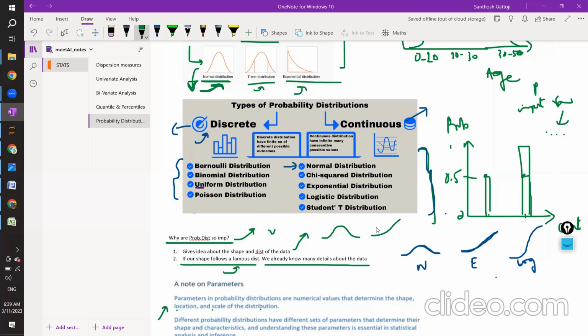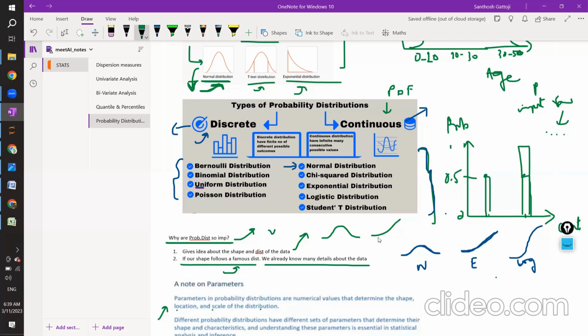Now, both of these are continuous variables. That means they are not discrete; any value is possible between a given range. Both come under this category, which means both can be represented using some PDF functions. But the nature of this continuous variable is different from the other one.